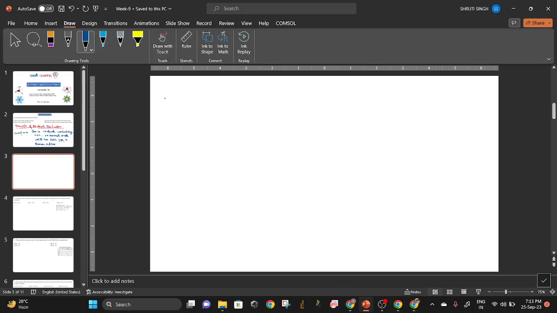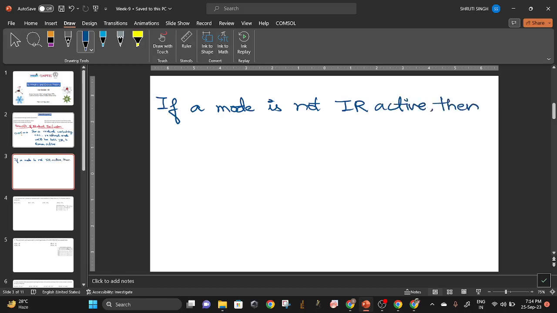If a mode is not IR active, then it will be Raman active.